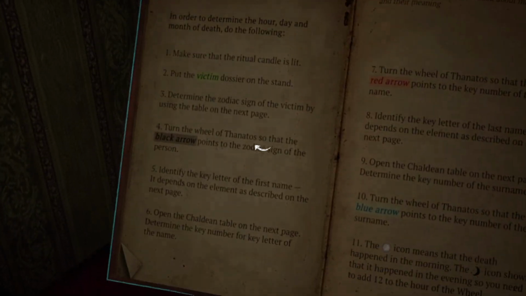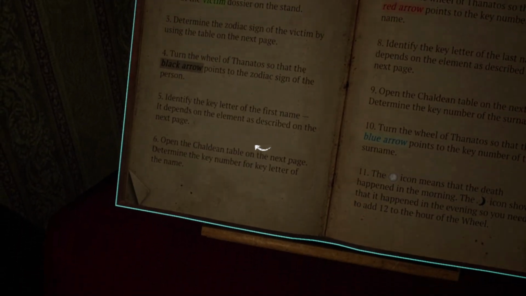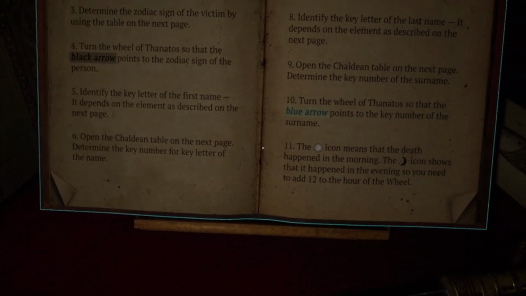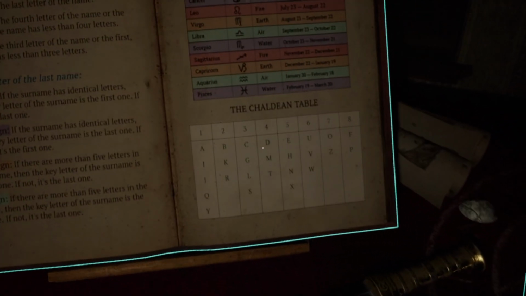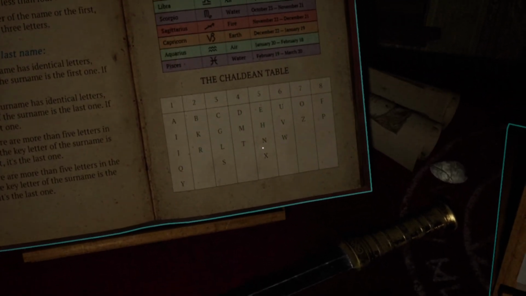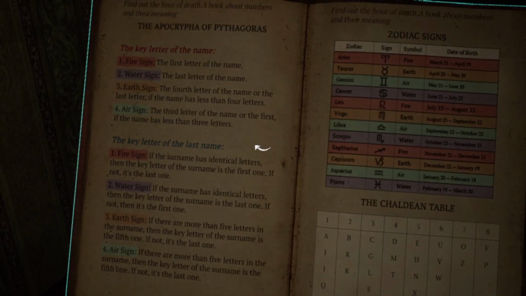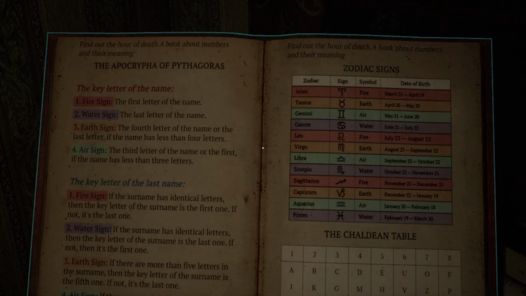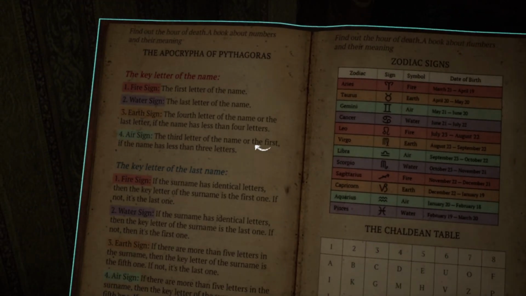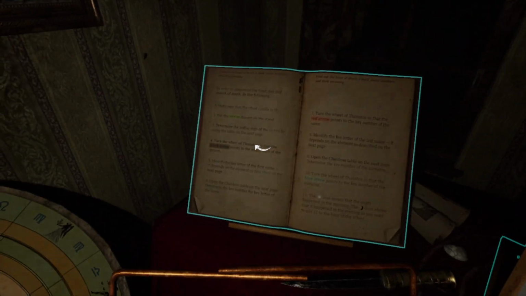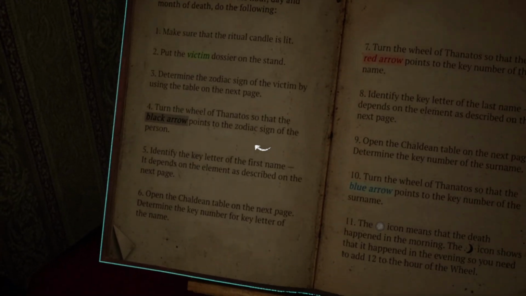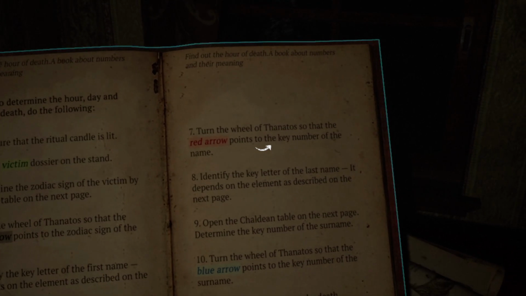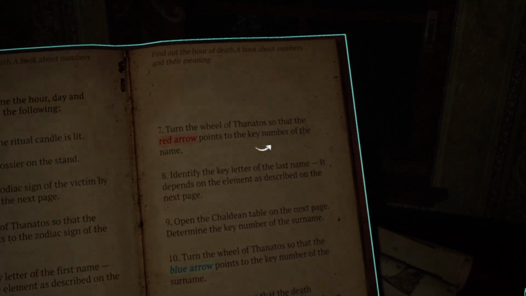What do I do with that? Alright, so then we need to go to this, and then N is going to be 5, because it should be the last letter of the first name. So on the wheel, the red arrow points to the key number of the name.